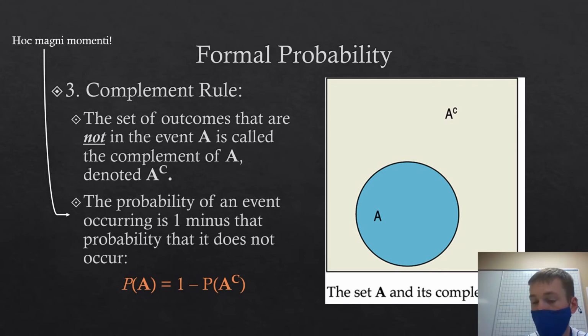So if the probability of me passing the AP exam is 0.8, then the probability of me not passing the AP exam is 1 minus 0.8 or 0.2. So the complement rule, maybe not so useful right now, but as we get into more complicated probabilities, keep this in the back of your mind. It's really going to help us out a lot.